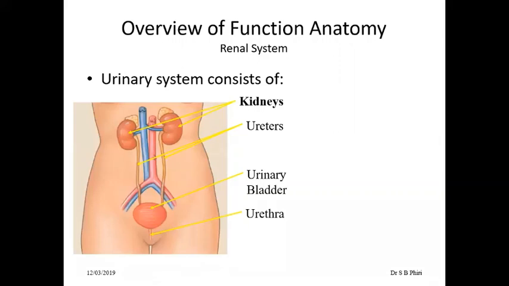You have the urethral opening that is involved in getting rid of the urine in a process which is called micturition. So this is just the general overview of the renal system. The kidneys are the functional unit of the system.